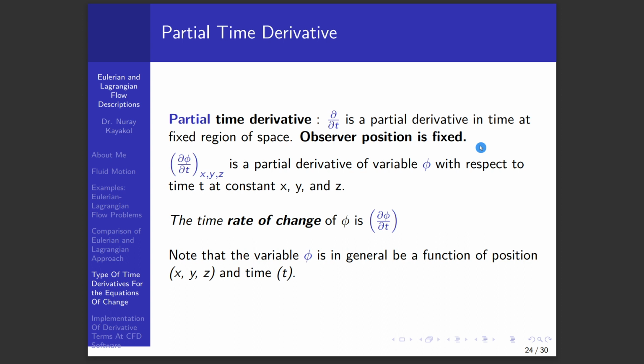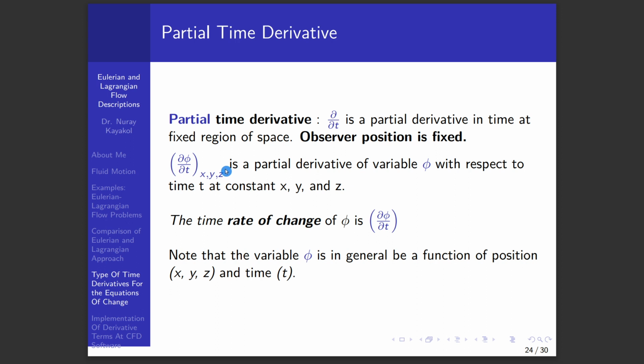Do you remember in the Eulerian approach, the position of the observer was fixed, and you see del phi over del t. Phi is the scalar variable. This could be a temperature, for example. So you see outside of the bracket you will see x, y, z.